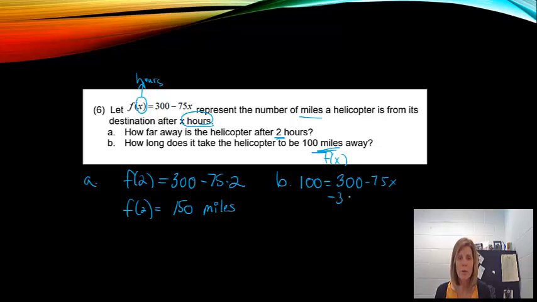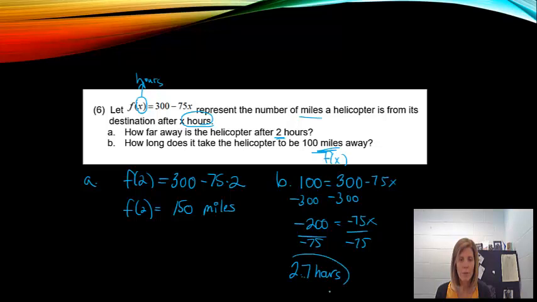So we're going to subtract 300 from both sides. We've got negative 200 is equal to negative 75x. And then I'm going to divide both sides by negative 75. And then negative 200 divided by negative 75 is, I believe it was like 2.6 repeating. So I'm going to say about 2.7 hours away the helicopter would be from us.